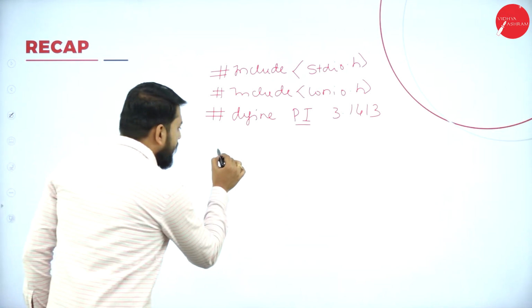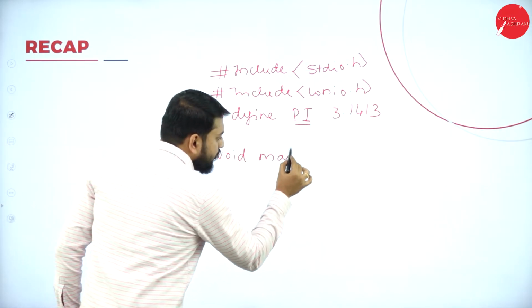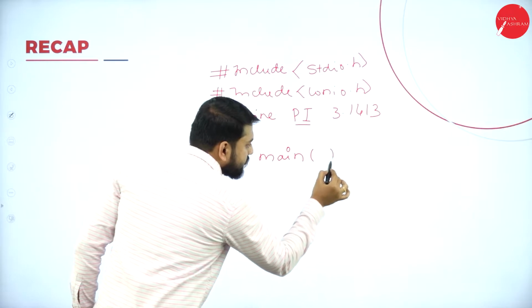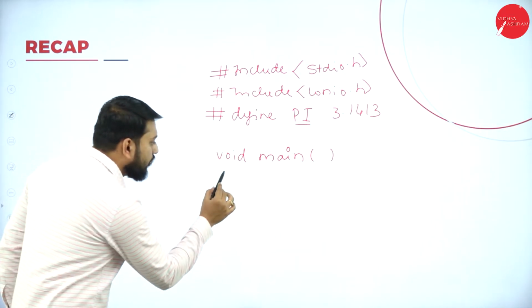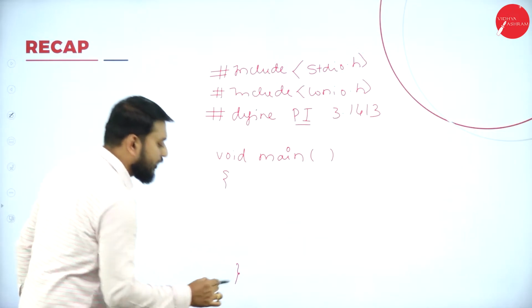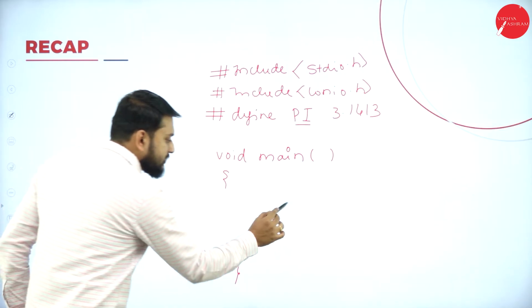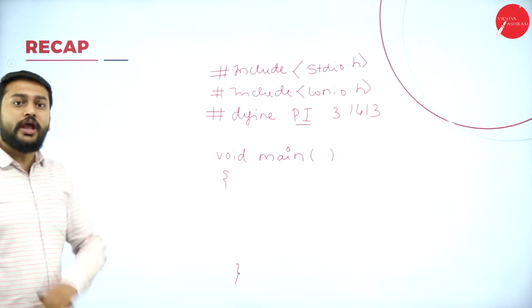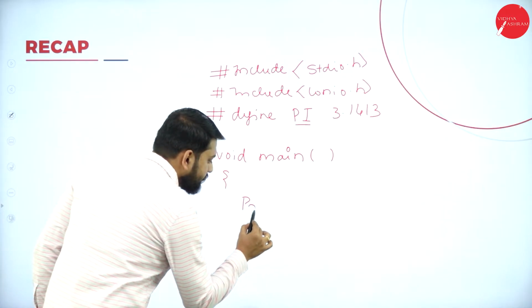Next you will write the void main function. Main function, parenthesis open and parenthesis close. For this main function, you will write open flower bracket and close flower bracket. ಈ main function ಅಲ್ಲಿ ಏನು ಎಕ್ಸಿಕ್ಯೂಟ್ ಆಗಬೇಕು ಅನ್ನೋದನ್ನ you will start writing here. ಏನು ಡಿಸ್ಕಸ್ ಮಾಡಿದ್ವಿ ಲಾಸ್ಟ್ ಸೆಷನ್ ಅಲ್ಲಿ? ಪ್ರಿಂಟ್ ಸ್ಟೇಟ್ಮೆಂಟ್.